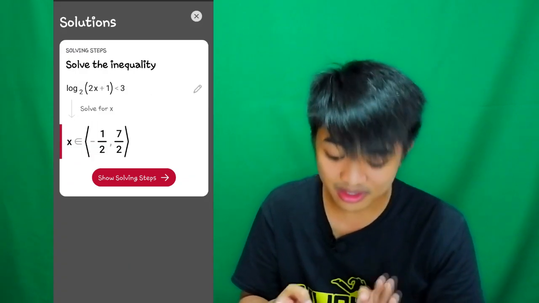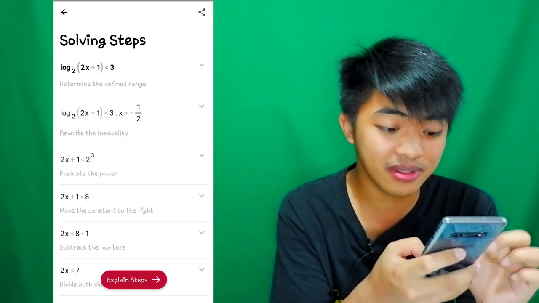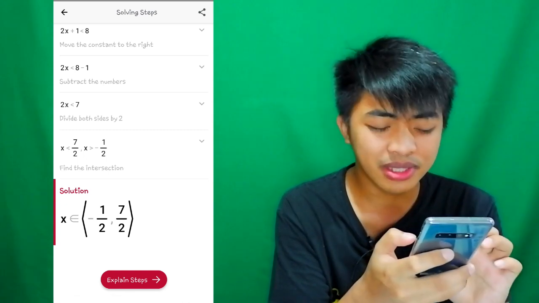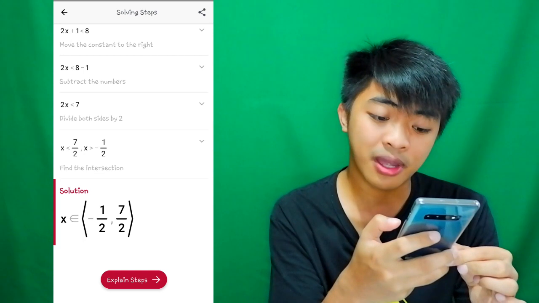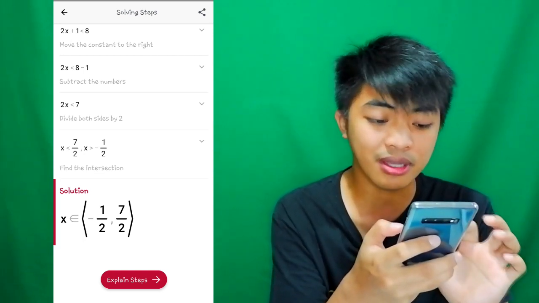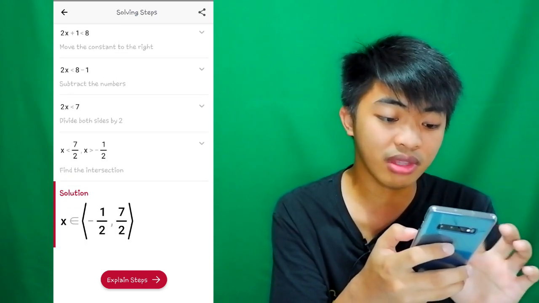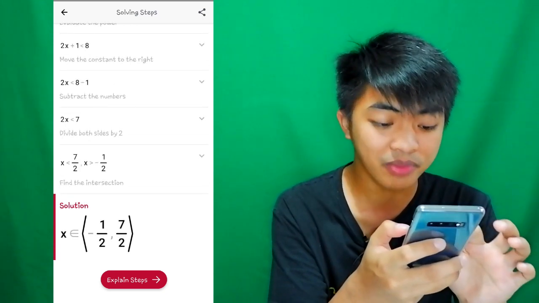Okay, there we go. We already have the answer, so I can show the solving steps. There you go, with explanations. But you see, the answer here is not familiar to me. I am used to the set builder notation and the interval notation, but this is kind of unfamiliar to me. But here, meron naman yung intervals dito. So we can write this in interval notation.